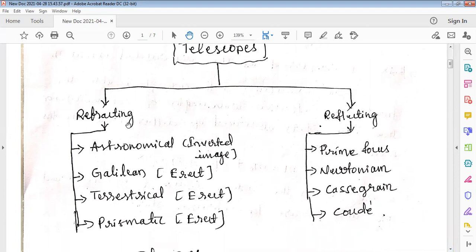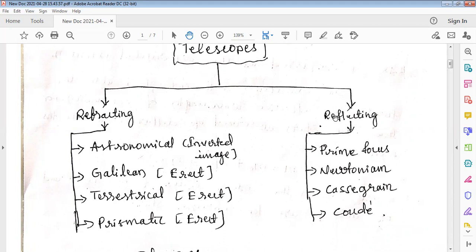As the name indicates, the refracting telescopes use a convex lens as their objective, and the light from the distant object passes through the lens and undergoes refraction, and hence they are called refracting telescopes.